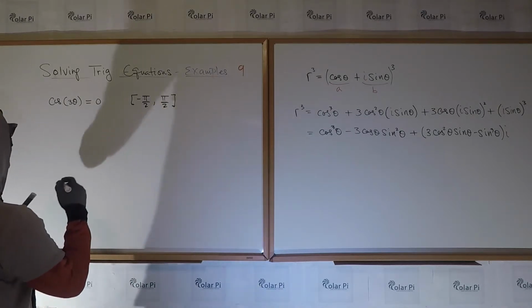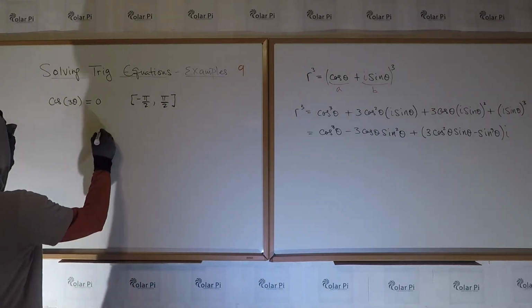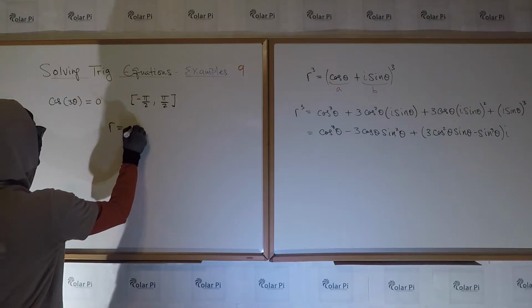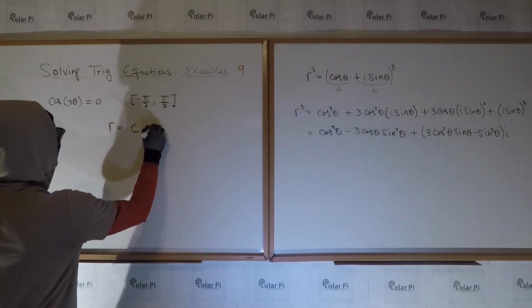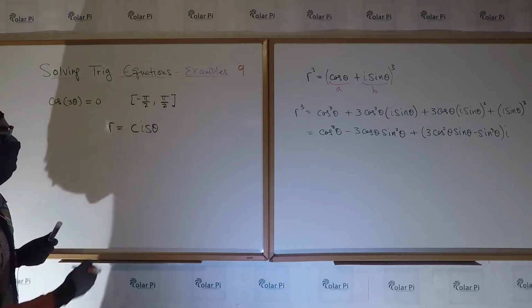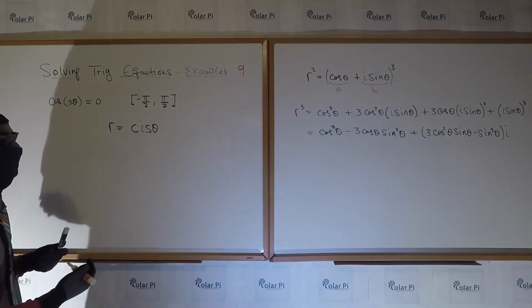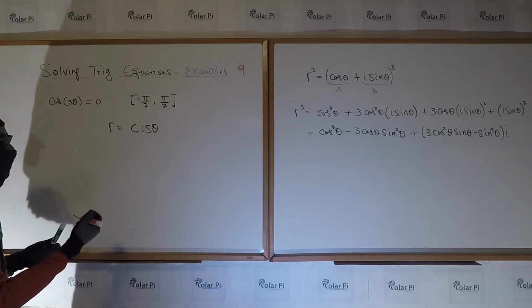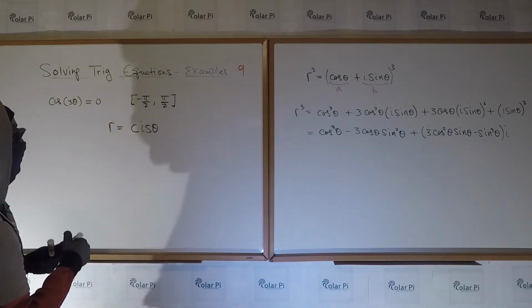So R, let me write it in black actually. R is equal to cis theta, where cis theta is an abbreviation for cosine theta plus i times sine theta. I have videos on Moivre's theorem, so feel free to watch those videos.